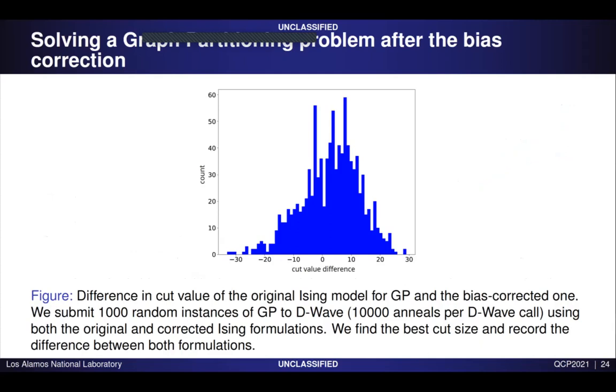Now we validate how well the corrected constraint works when we add back in the objective information. We perform 10,000 anneals on 1,000 random problems, and we record the best valid solution from both the original Ising and then the bias corrected Ising.